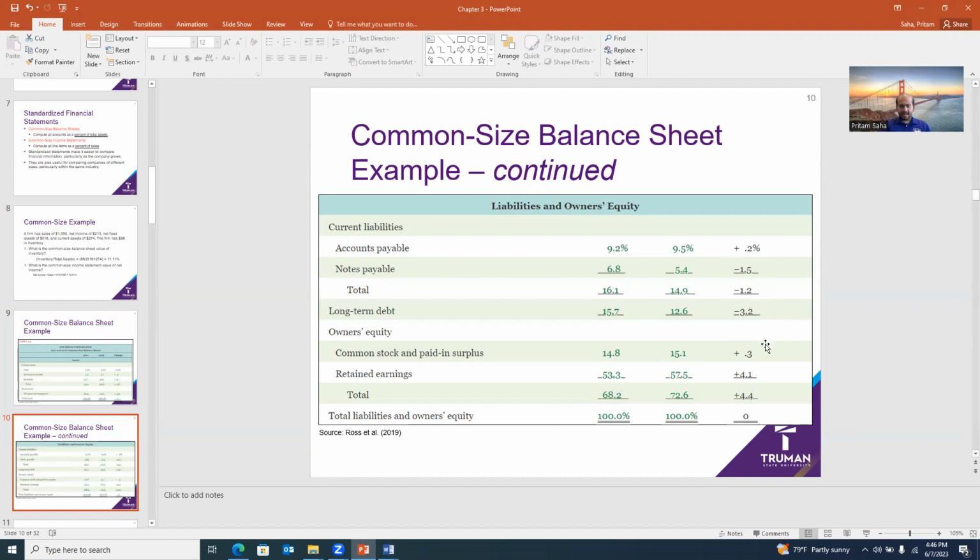On the other hand, there was almost no change in common stock and paid-in surplus. There's an increase in retained earnings, which is a sign that they generated some net income and kept it within the firm. They did not distribute it. And using that additional money, I believe they paid notes and long-term debts. That's a good thing because you're paying your liabilities.